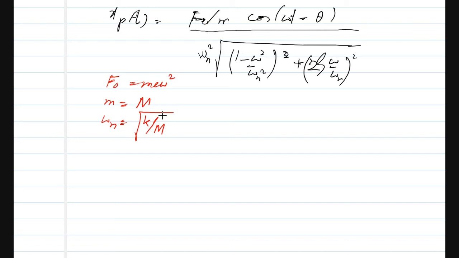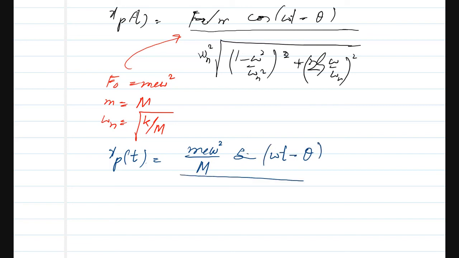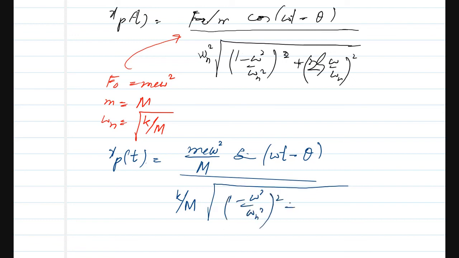Clear? If you put all those values in this equation that we have derived previously, xp of t is nothing but me omega square divided by capital M. So instead of small m we write capital M. Cos, here we write sine because it's a sine function, divided by, and omega n is k over capital M under root 1 minus omega square over omega n square whole square plus 2 zeta omega by omega n whole square.